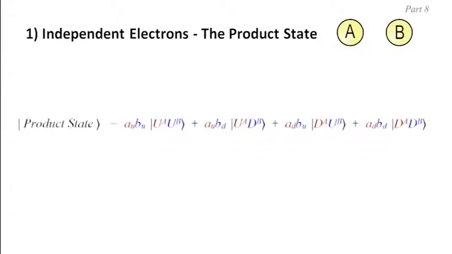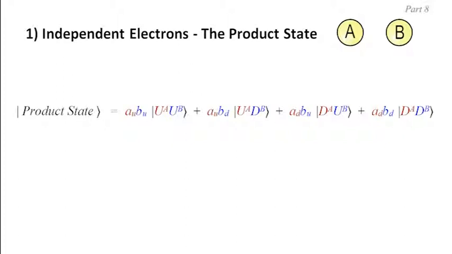As you might expect, this state is automatically normalized. And this is a consequence of the fact that the two states that made up this product state were themselves normalized. You could check this by playing around with the A's and B's. It's very easy.